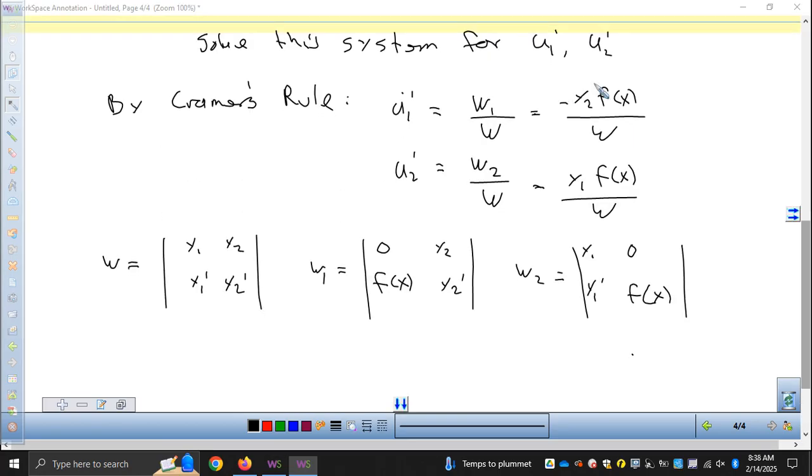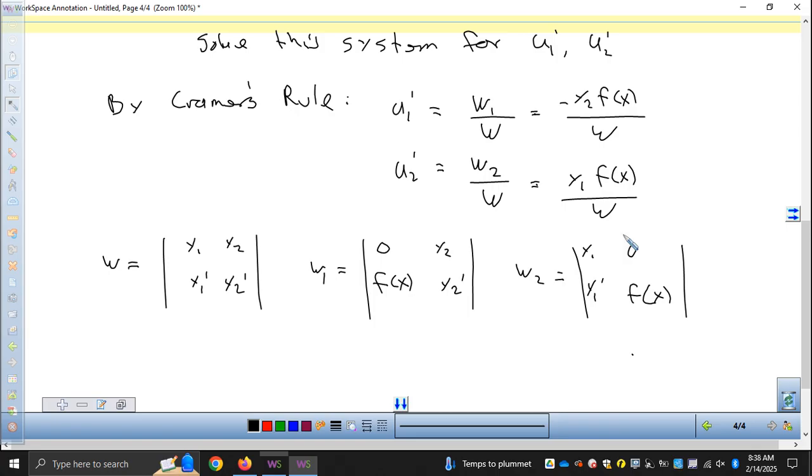I always forget which one is positive, which one's negative, but it's easy for me to remember: replace the first column by the right-hand side, replace the second column by the right-hand side. So I always write out the determinants, but if you prefer to remember a formula, I always get the minus sign wrong and forget which y1 and y2 go with this. So this gives us u1 prime and u2 prime, and then we can integrate to find u1 and u2.